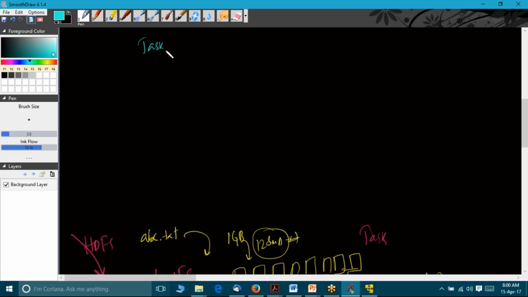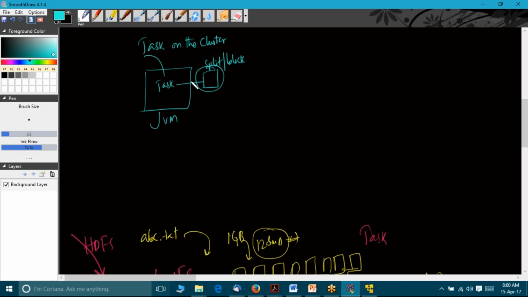Any task on the cluster works inside a JVM. This is the JVM, and your task is going to run inside this one. This task is going to process this split, or I call this a block.